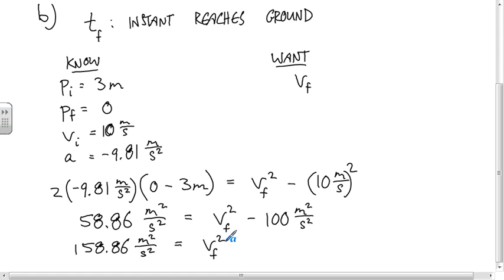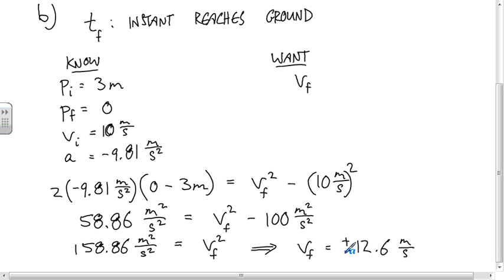Now take the square root, and you get V final is equal to the square root of 158, which is about 12.6 meters per second. We took the square root, so you need the plus minus. And now this one isn't quite as simple to choose the positive or negative of this answer as it was with time.